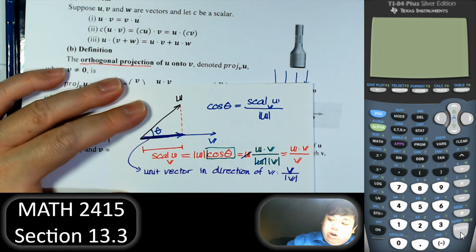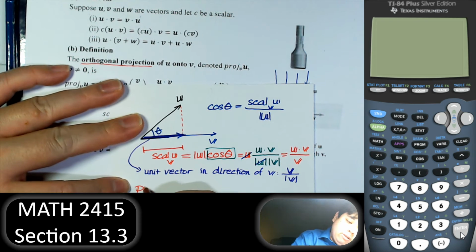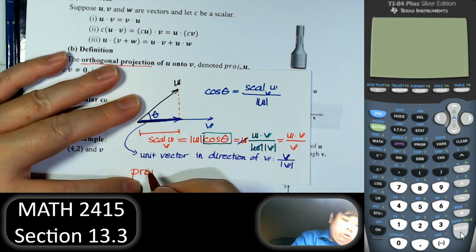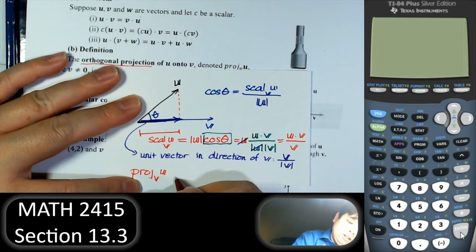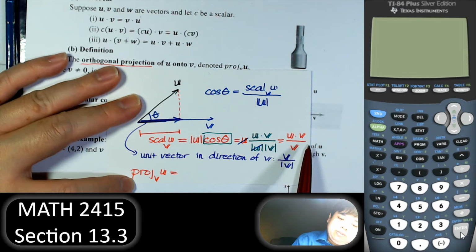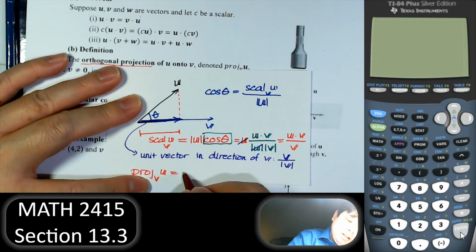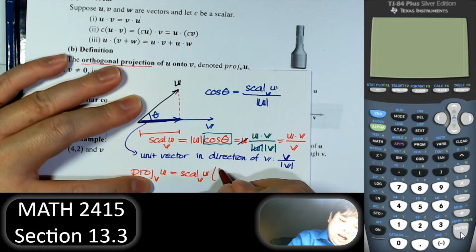So multiplying together, we have the projection of u onto v equal to the scalar of u onto v times the unit vector in the v direction.